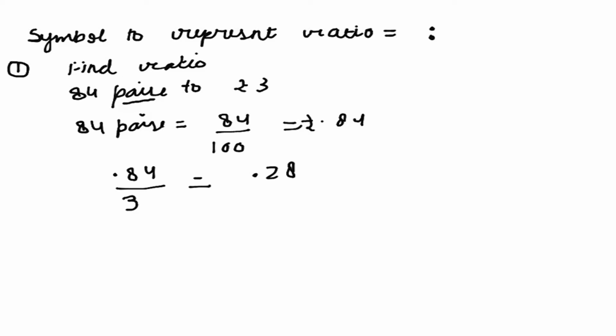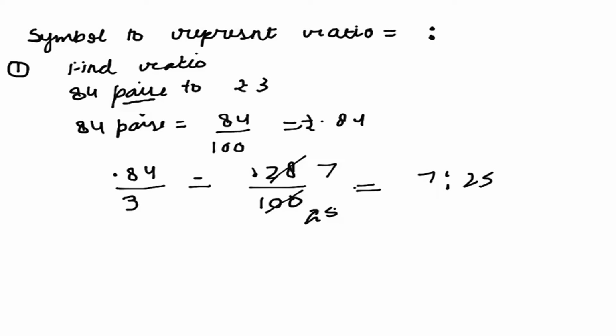So we can write it as 0.28, or if we want we can remove the decimal point. To remove the decimal point, we again multiply by 100, and now we can divide by 4. 4 times 7 is 28 and 4 times 25 is 100. So the answer will be 7 ratio 25.